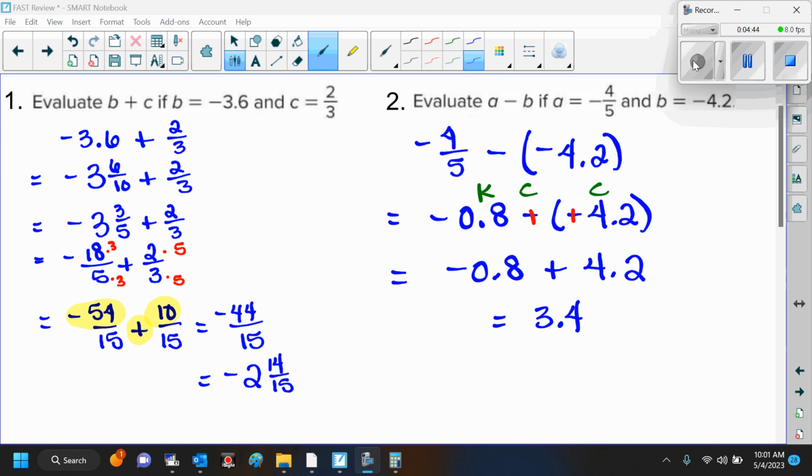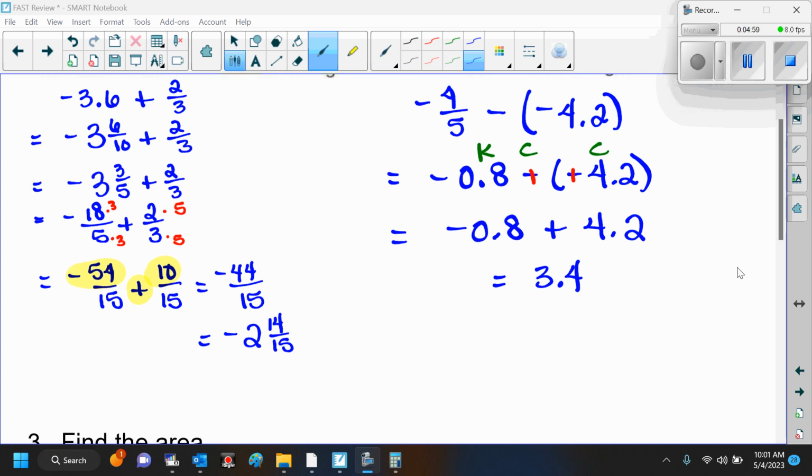All right, so this is one that you can change the fractions to decimals, because if you do 4 divided by 5, you're going to get 0.8. So I went ahead and completed this with decimals. Is everybody clear with that? Now, if they wanted you to have the answer in fraction form, could I change that to a fraction?